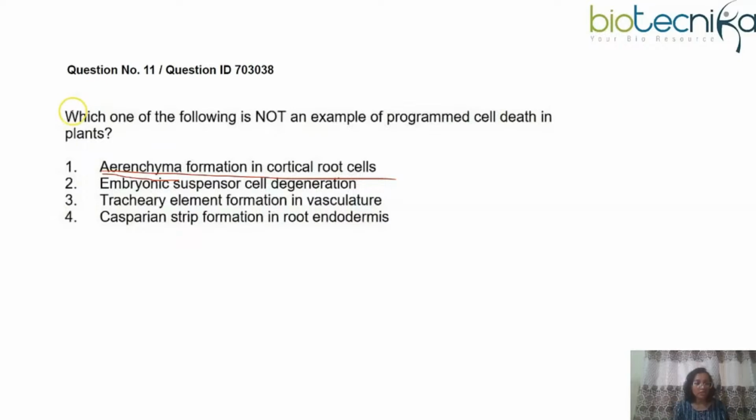Even third case, tracheary element formation in the vasculature or vascular bundle. It is basically needed for making the xylem vessels and it involves programmed cell death. But the last one, which is Casparian strip formation in the endodermis of the root.